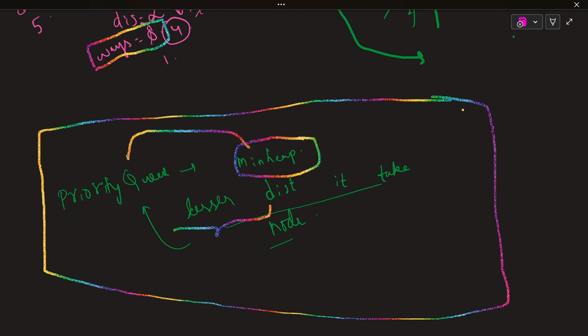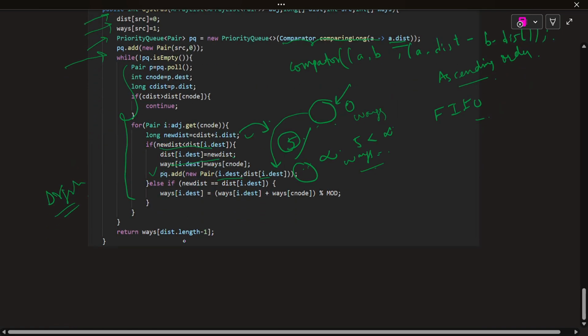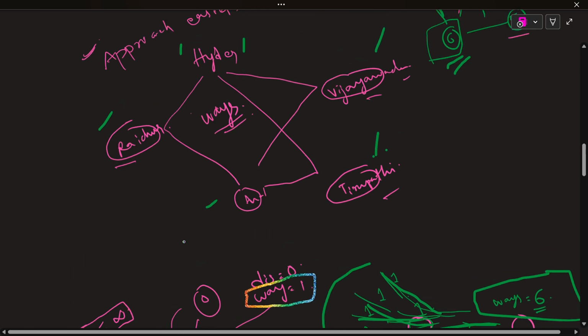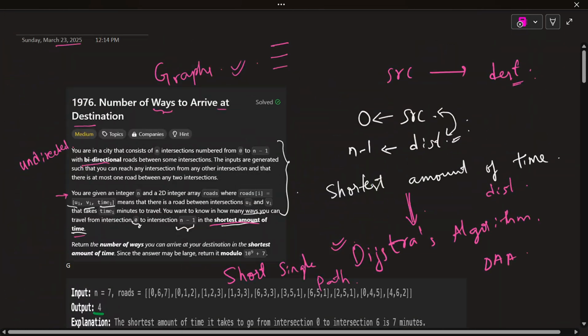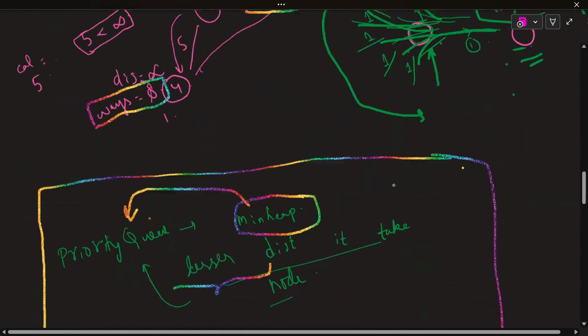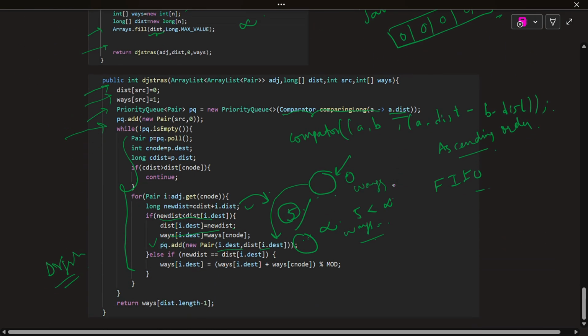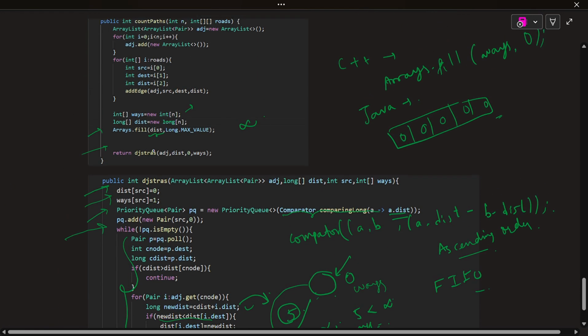The minimum heap can be implemented using a priority queue. The code will be available below. Whatever I have discussed in the brute force and pseudocode is represented in the form of code.